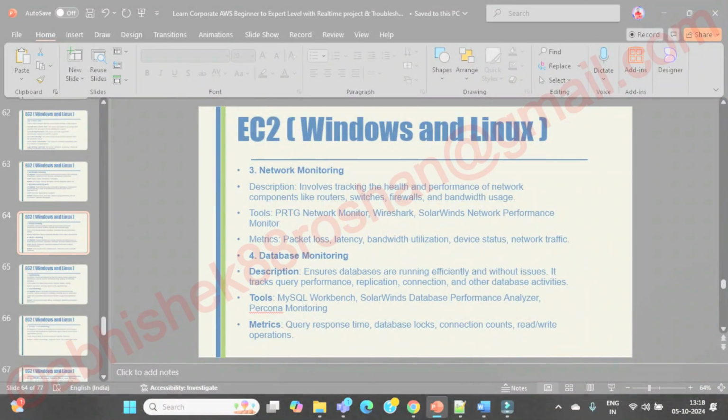So you should put some kind of tools over there. Database log, connection count, read write operations, right? So for which tools? For database, we have MySQL Workbench, SolarWinds Database Performance Analyzer, Percona. You have heard of this tool, Percona monitoring, right?